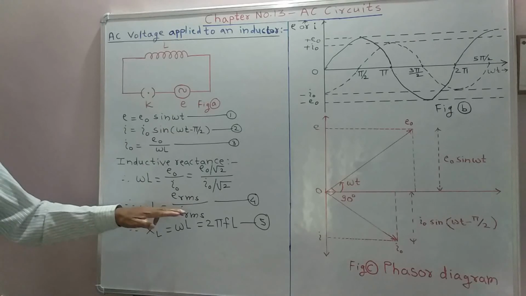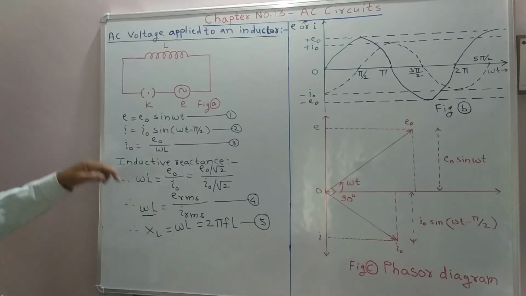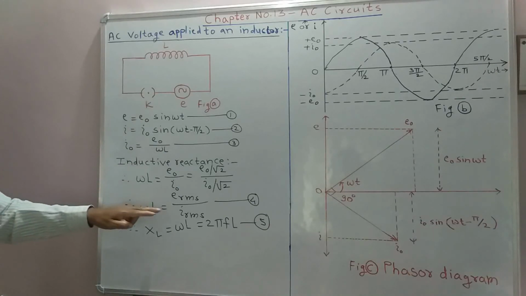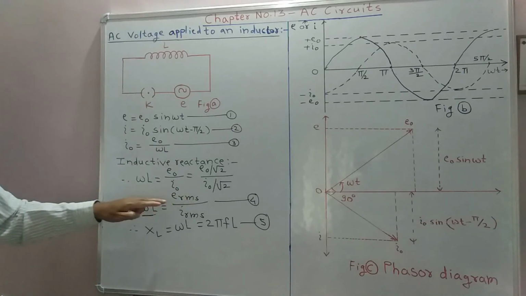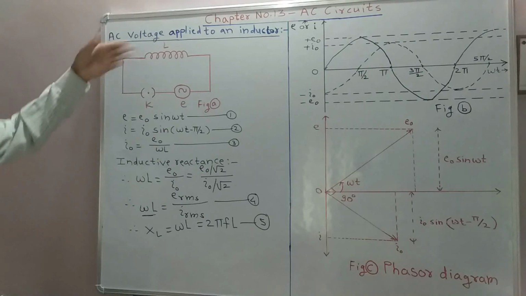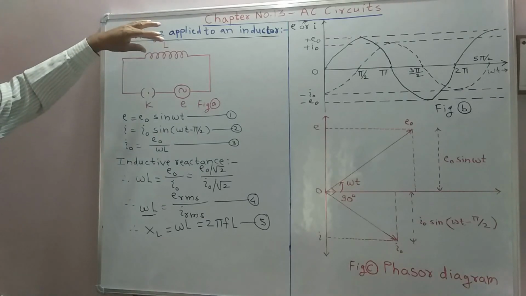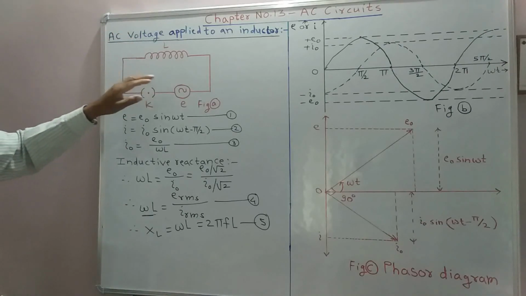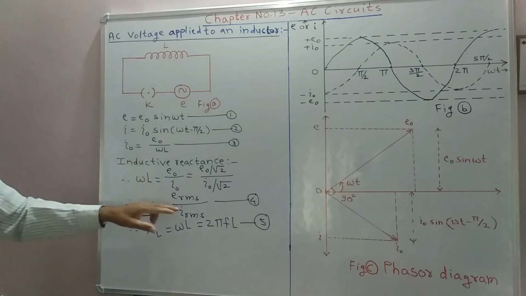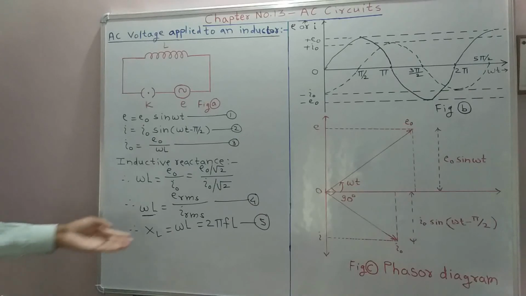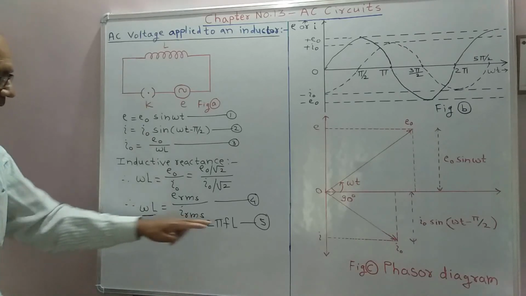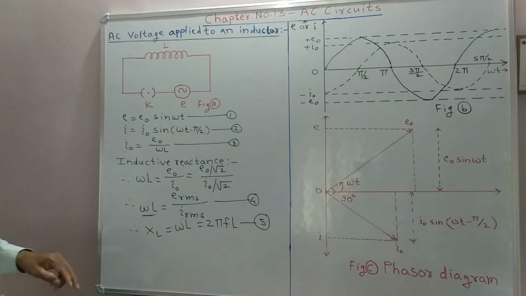From equation 4, the inductive reactance of an inductor can be defined as the ratio of RMS voltage across an inductor to the RMS current passing through it. Now again from equation 5, it is clear that inductive reactance is directly proportional to frequency.